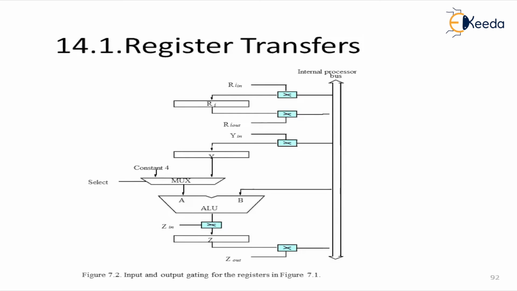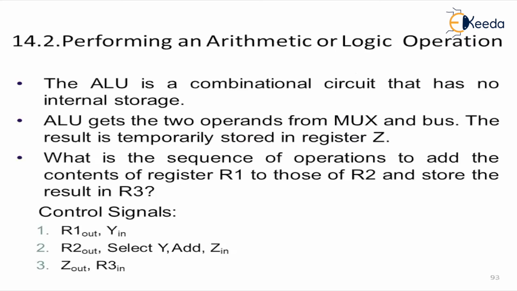Now, with this diagram, you can understand how the register transfer takes place, where you have an internal processor bus which is connected with the multiplexers in the form of X, and they have been connected to the ALU, and you have Ri in and Ri out signals. Similarly, Y in and Y out signals.